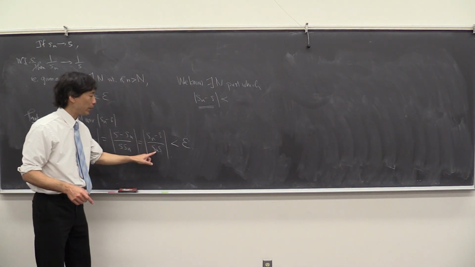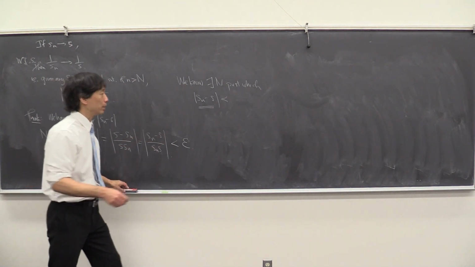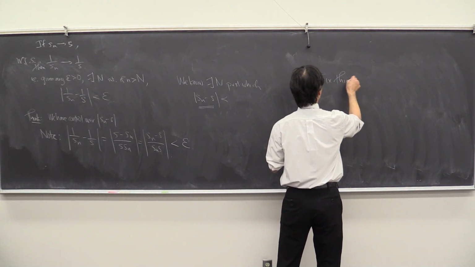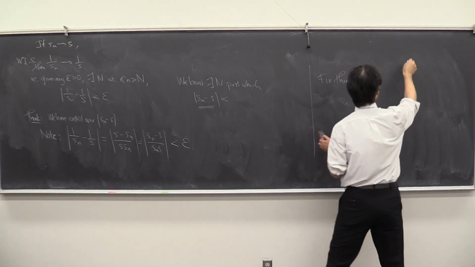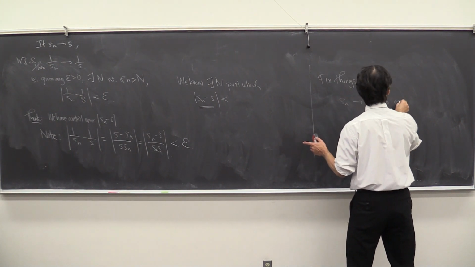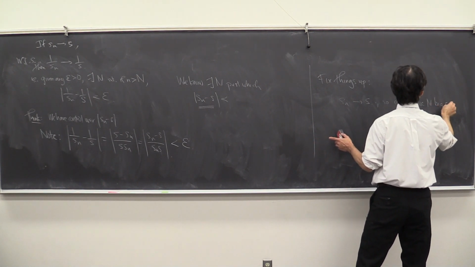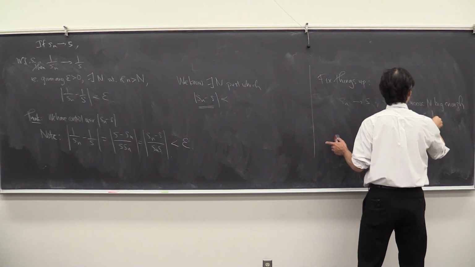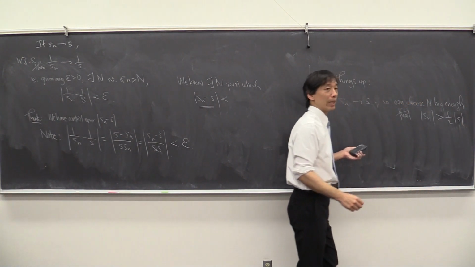You say, well, look, S sub n actually is converging to S. So we can choose n big enough that S of n in magnitude is bigger than half of S's magnitude.